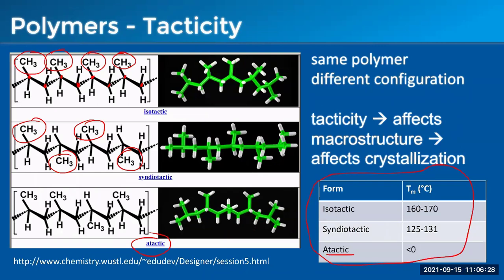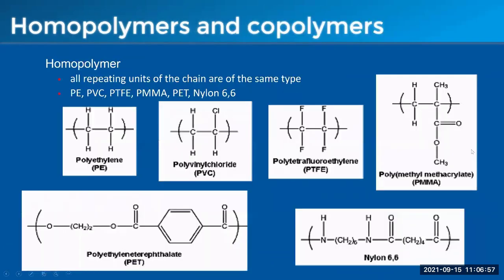They can't pack together as closely because you can see these bulky groups are just randomly shooting off the chain on one side or another. So because the molecules cannot pack as closely together, they don't have as many secondary bonds or intermolecular forces between polymer chains, like van der Waals bonds, dipole-dipole bonds, that sort of thing. They don't have as many of those, and what we see on the macro scale is that the melting temperature is lower for that configuration of polymer.